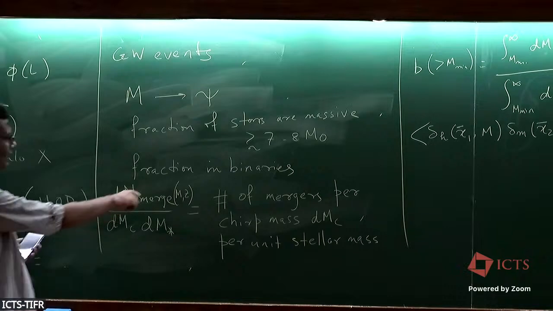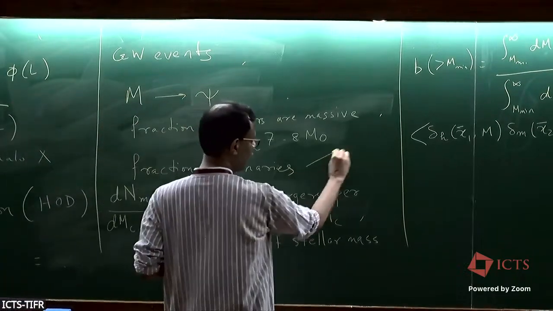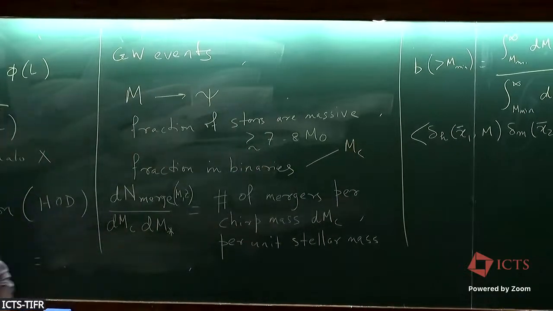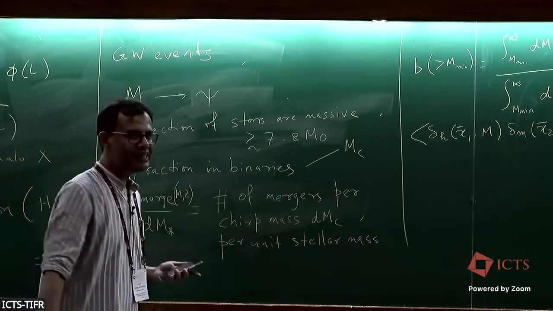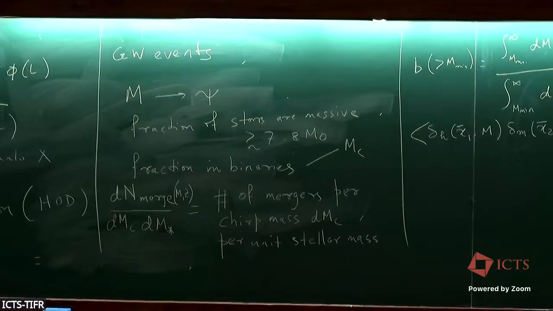So what will happen is a fraction will be in binaries, and then if they go to gravitational wave events, you will have a distribution of chirp masses which will depend on the masses of the progenitors. And I put a per unit stellar mass here because the assumption is the more stars you form, the more such events will be present.